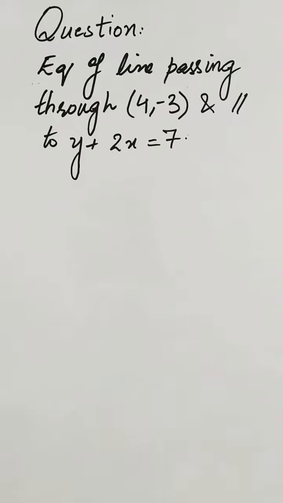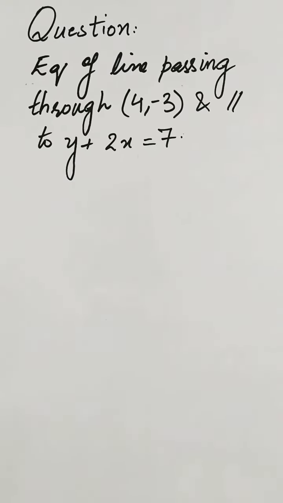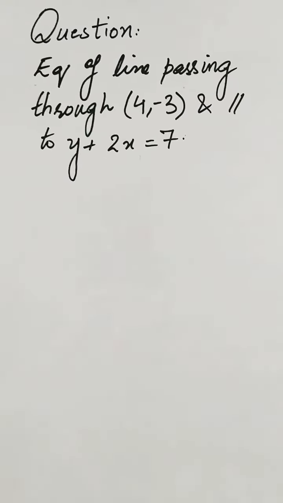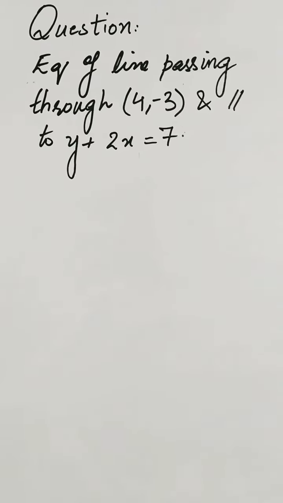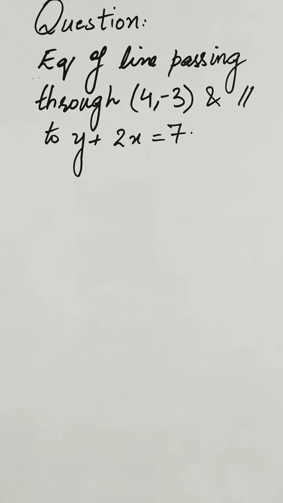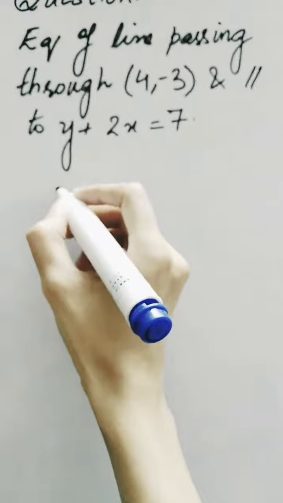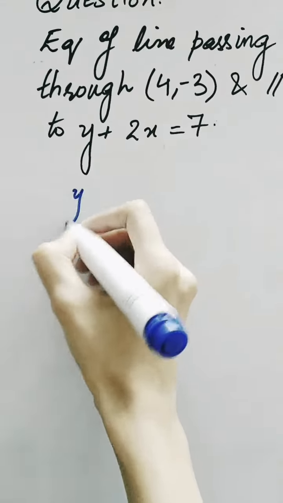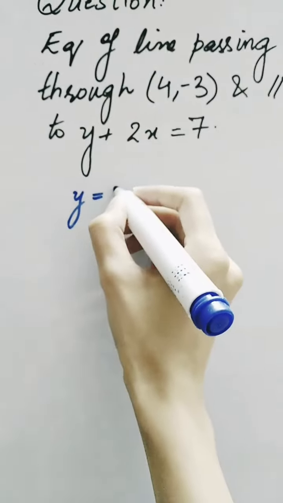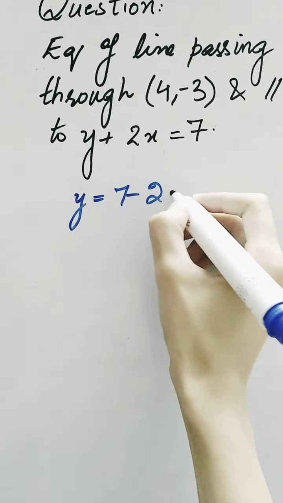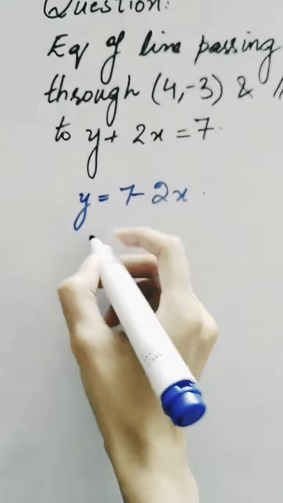Now look at another question in which we have to find the equation of the line which is passing through (4, minus 3) and is parallel to y plus 2x equals 7. As we know that the gradient is the same for parallel lines, with the help of this equation we will find the gradient of the line.